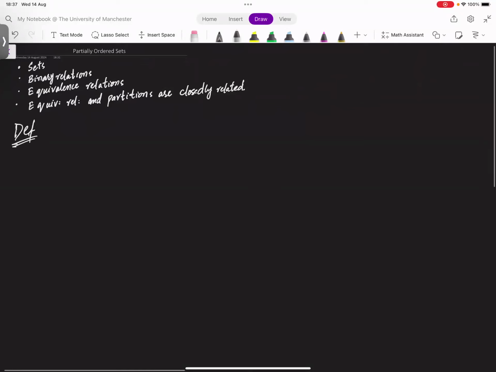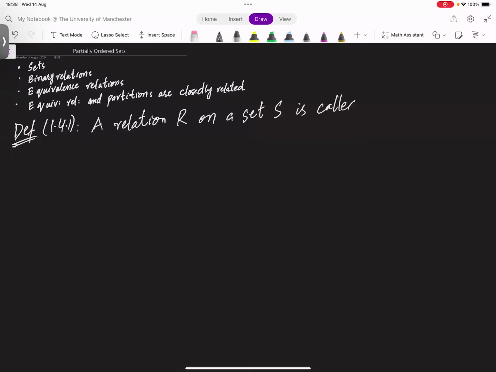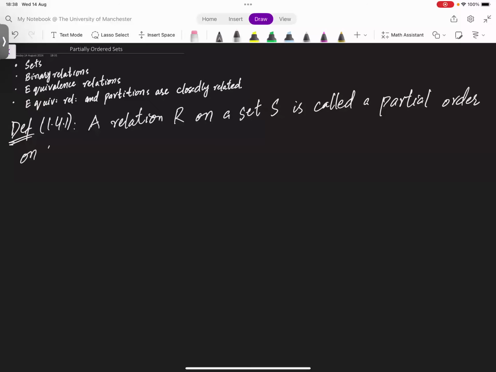Definition 1.4.1, and it says a relation R on a set S is called a partial order on S if it satisfies the following conditions.